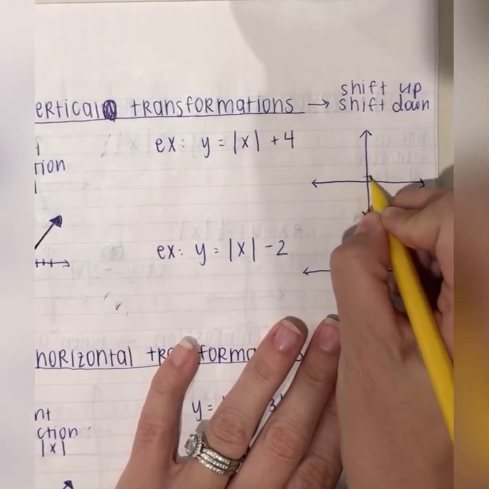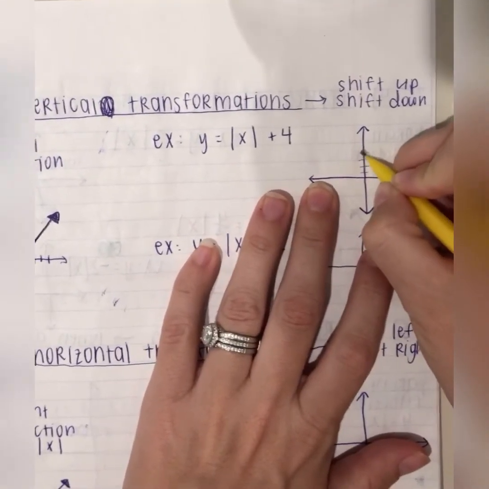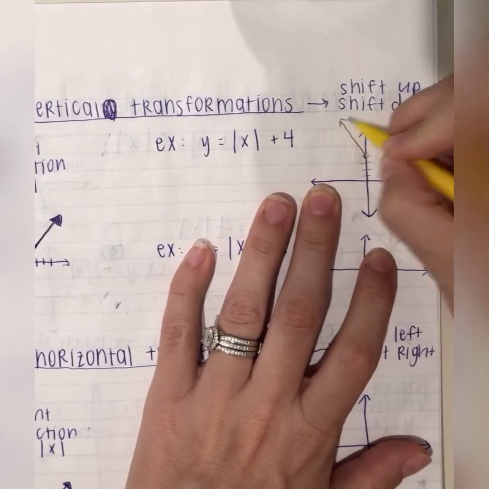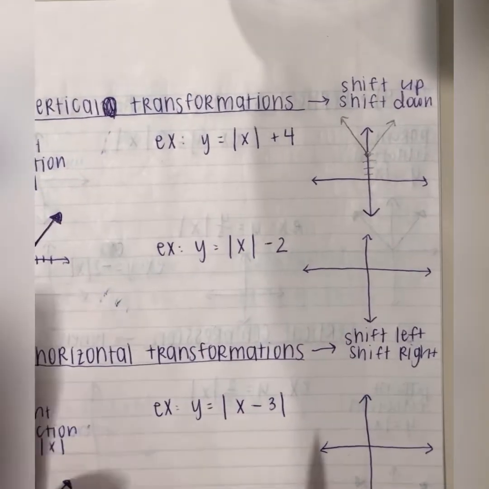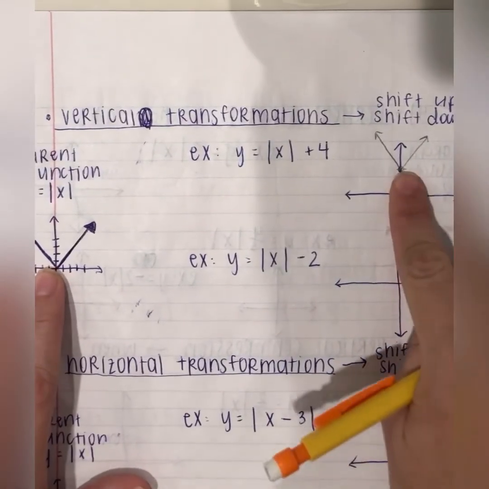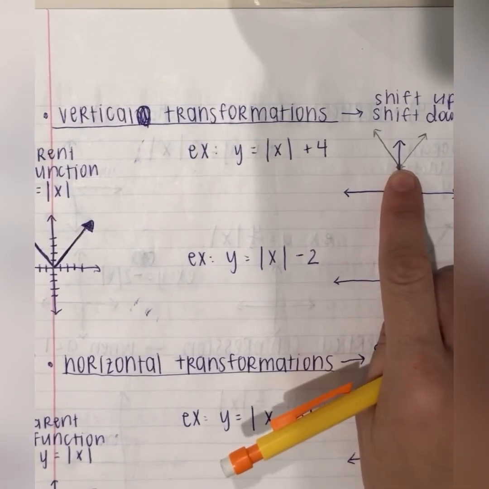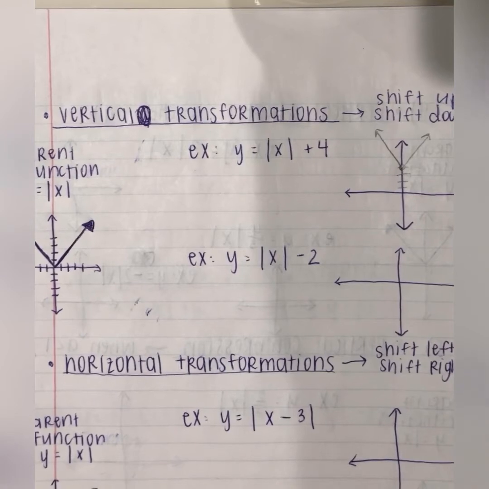So I would count up 1, 2, 3, 4. I would put my vertex at 4. And then I would have my function. Same function as my parent function, but it's been shifted up 4. So we've transformed it to have a vertical shift up of 4 units, okay?